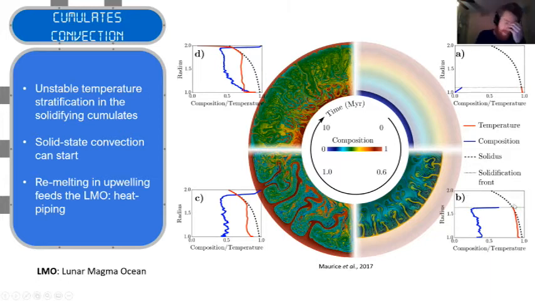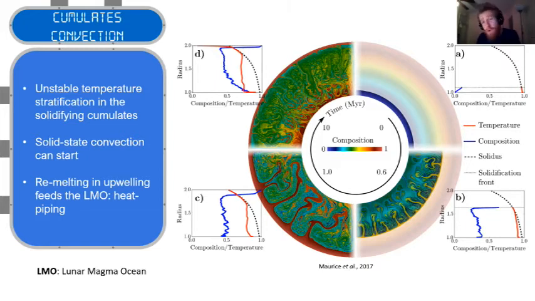So you see that here we're dealing with a timescale which is much shorter than what we expect for the lunar magma ocean. So it was almost mandatory for thermal convection to kick in before the end of the lunar magma ocean solidification.